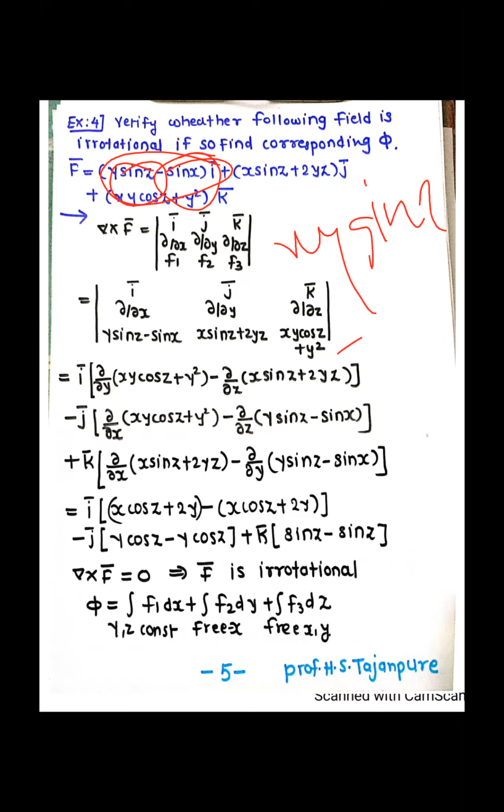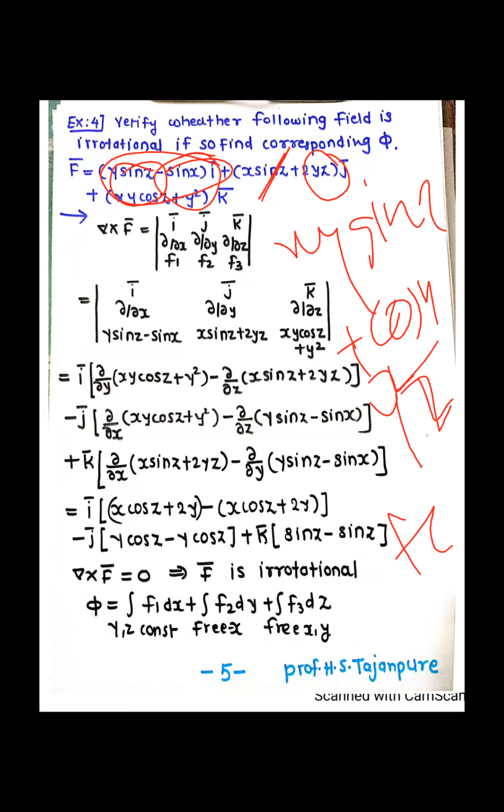Now this term we have neglected, and this is the term we have to integrate, so y square by 2, the 2 cancels, so it is y square z plus c. All of you got the same answer.